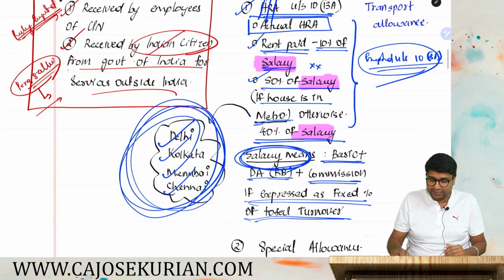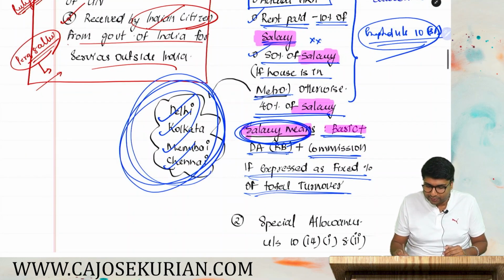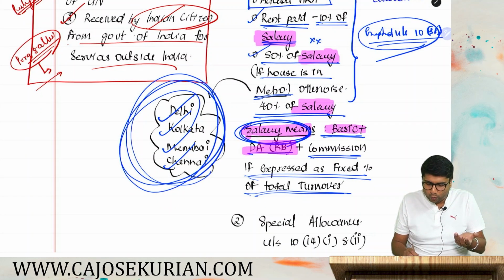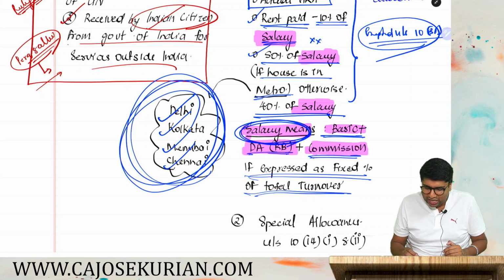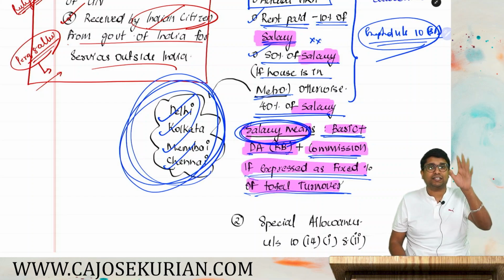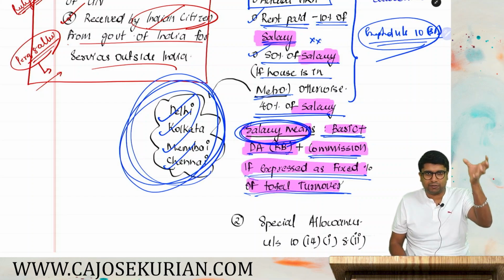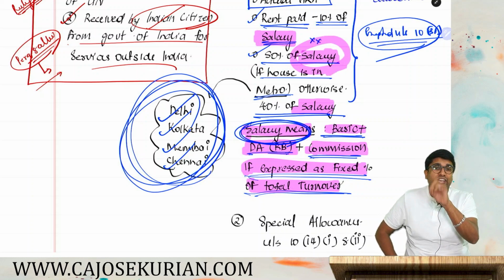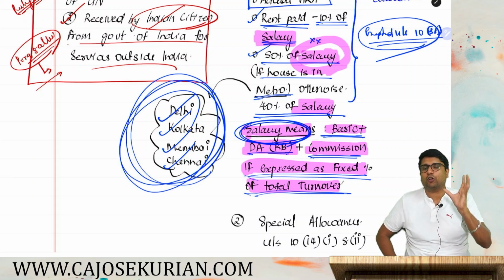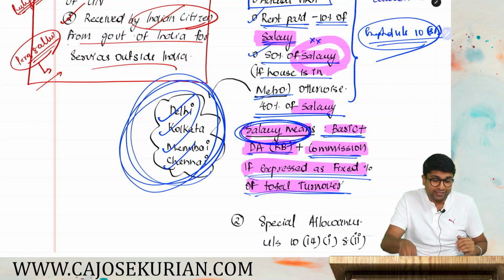Say in the question they are giving a fixed commission every year. You don't have to consider that commission as a part of this salary definition, because commission has to be considered only if it is given as a fixed percentage of total turnover of the employee. So that is what they are saying.